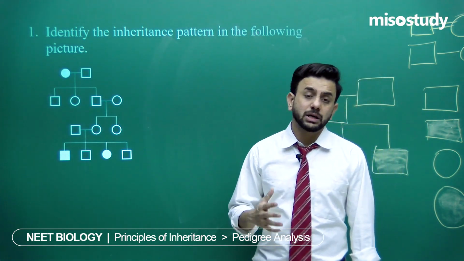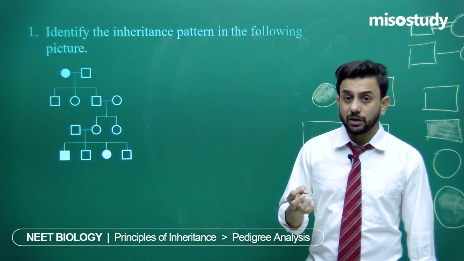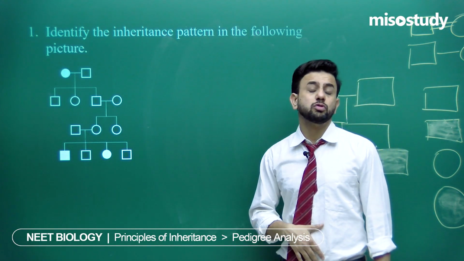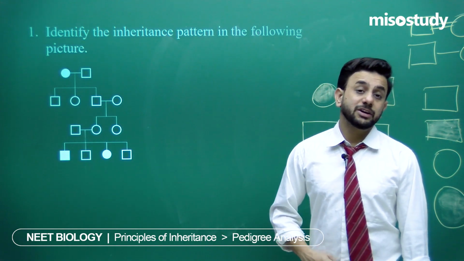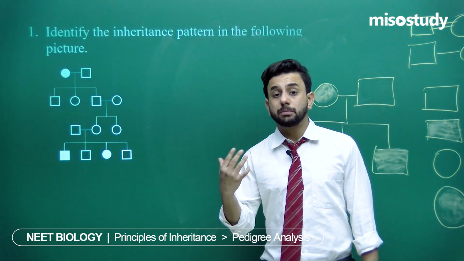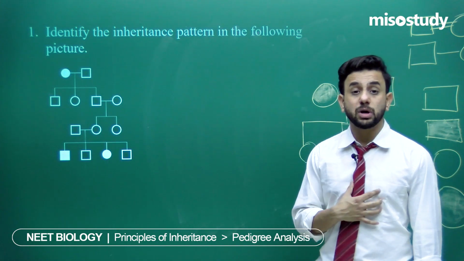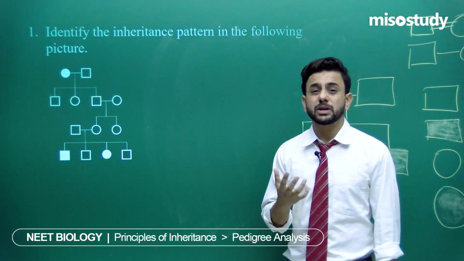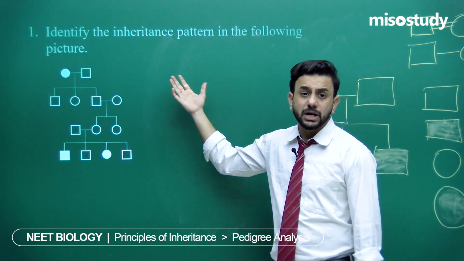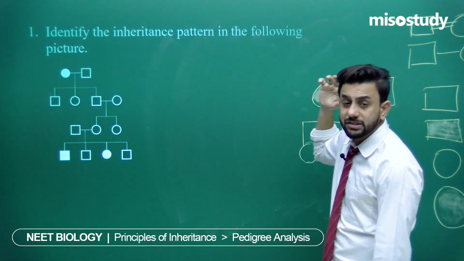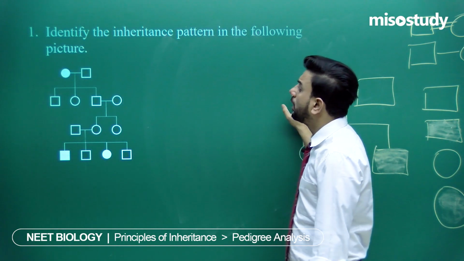And if we know that the fetus in the mother's womb has a disease condition, then we can abort the child if the condition is not good for the child. So let us now study the first question and see the solution.